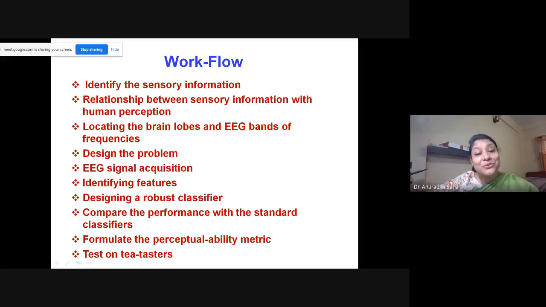You need to choose passband frequencies for your bandpass filters that are associated with your EEG subband frequencies, so that you can get the exact ideal EEG band of frequencies from the very location where the brain signals associated with that particular cognitive task are liberated. So this is a very important step for this work process, that is, locating the brain lobes and EEG bands of frequencies.